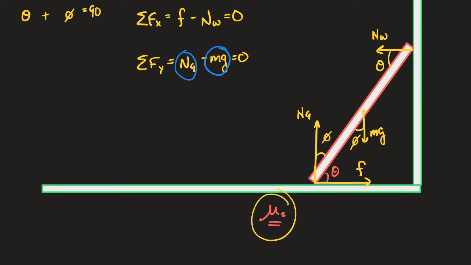Yes? Would you know the normal force from the wall if you knew the normal force from the ground? No. As we see it here, the normal force from the wall is only related to the frictional force. One of the rookie mistakes is that we can't use this, because that's not true.